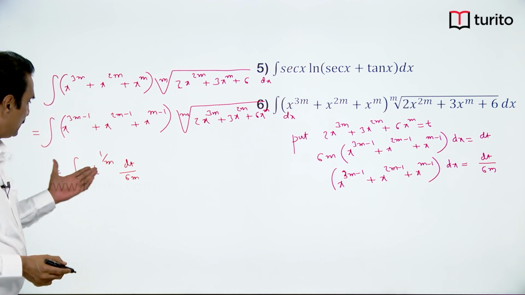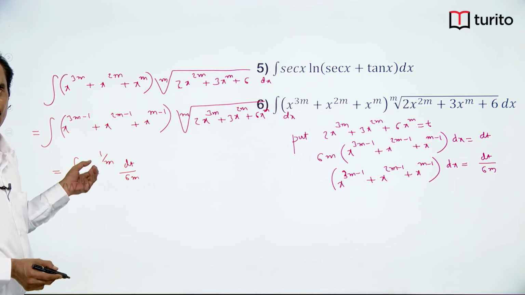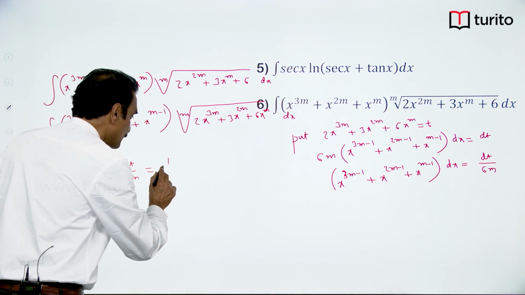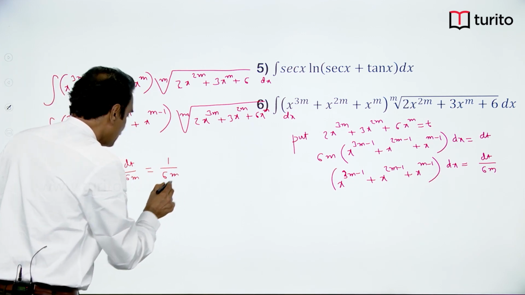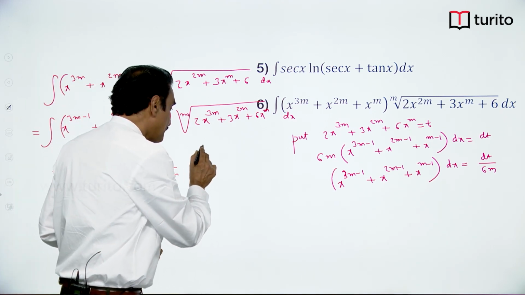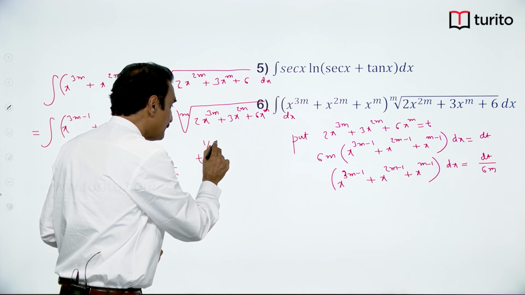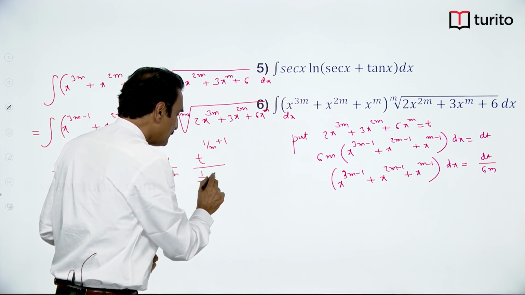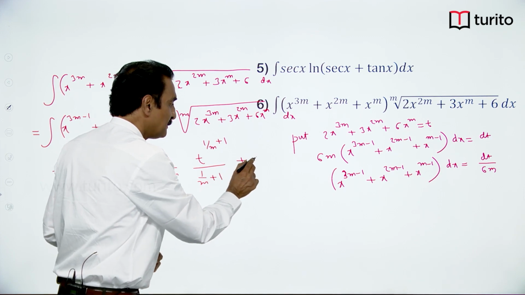Okay. Now, integrate it normally, it is 1 by 6m into, what is the integral of t power 1 by m? t power 1 by m plus 1, divided by 1 by m plus 1, plus c.